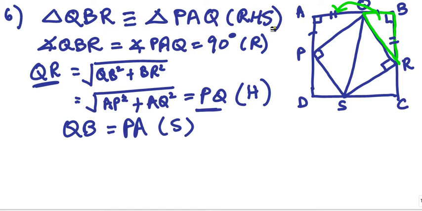So now let's look at the second part. We are then asked to find a triangle that is congruent to triangle PQS. So PQS is this triangle here. Well, I hope you can see easily that PQS will be congruent to this other triangle here. Now, how do we prove that?